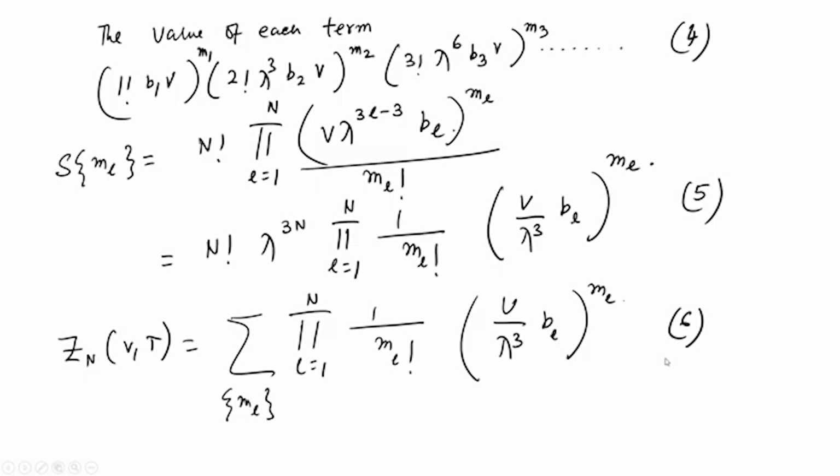So, all these, as I told, are subject to this condition: the sum of l m_l, l equal to 1 to n, is equal to n. Okay. That is condition number 3 or equation number 3. Okay, so it's probably easier to write the grand partition function, because that factorizes in a more easy manner.